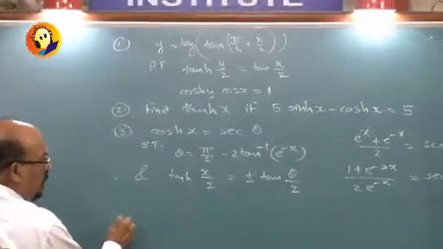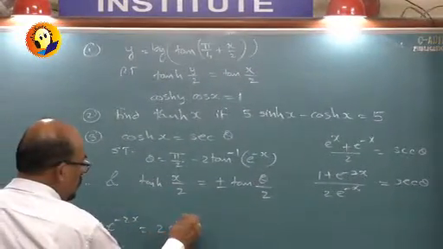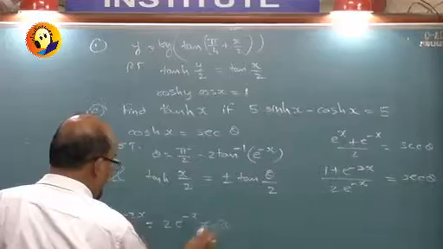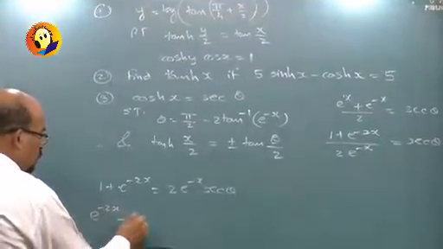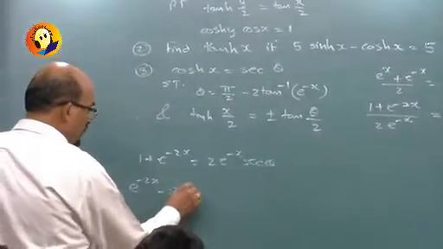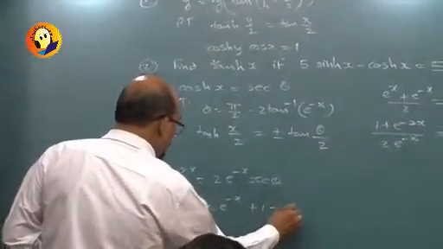because one option could be 1 plus e raised to minus 2x is equal to 2 e raised to minus x sec theta. So it is e raised to minus 2x minus 2 sec theta e raised to minus x plus 1 equal to 0.